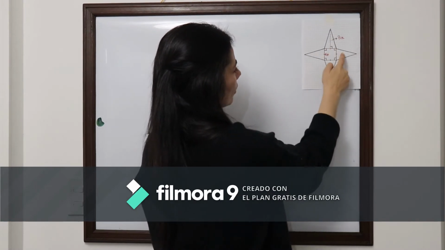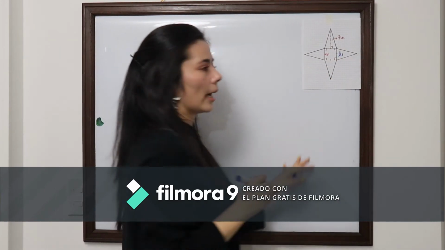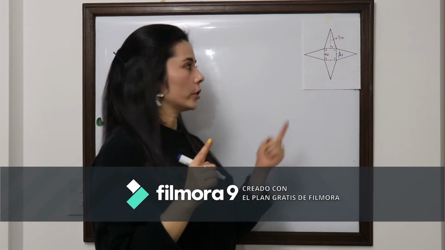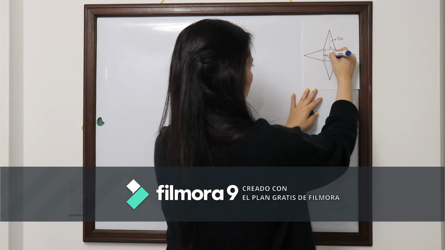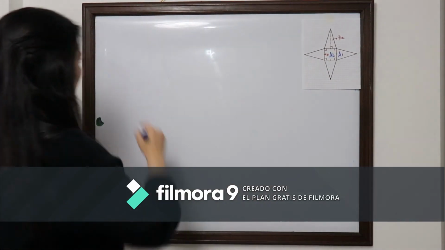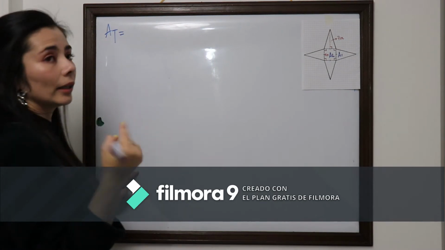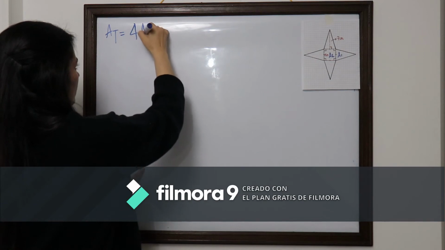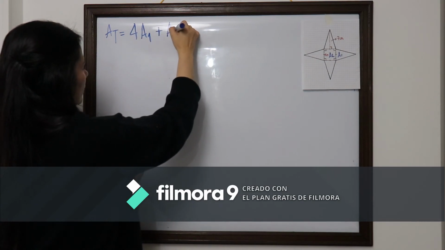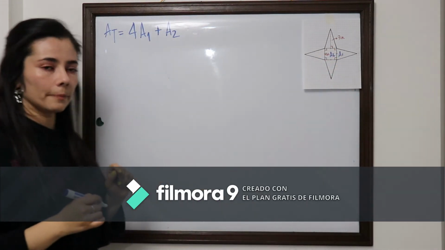Think about these triangles. They all are actually the same. So I just need to name the area once, and what I can do is to multiply by 4 later on, right? And then of course my square is gonna be area 2. Again, my total area is gonna be not only area 1 plus area 2, but I need to say 4 times the first area plus area number 2, just because I have 4 triangles, okay?